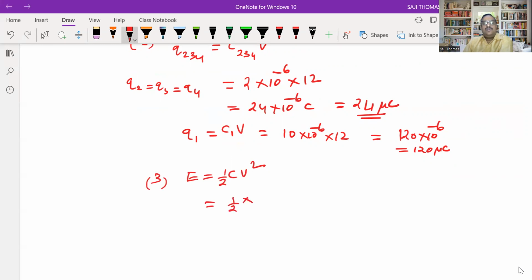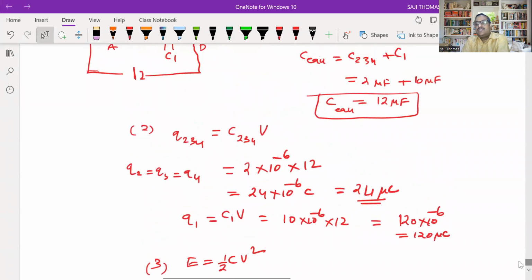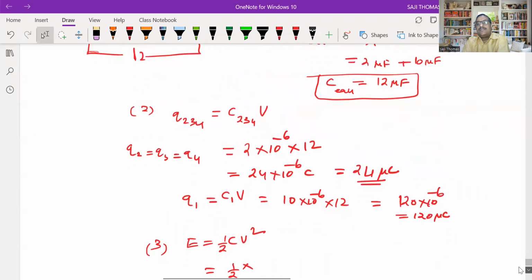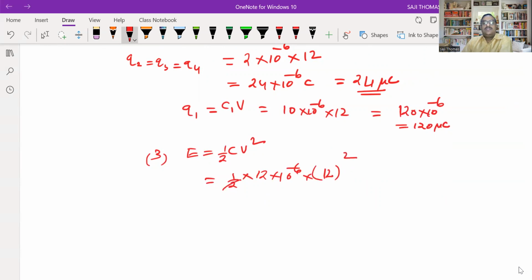Half into the equivalent capacitance, which you calculated as 12 microfarad. 12 into 10 raised to minus 6 into V, which is 12 squared. So here you cancel the 6.